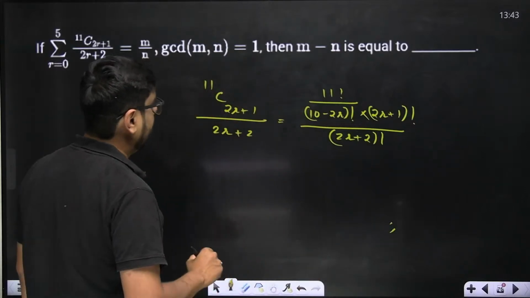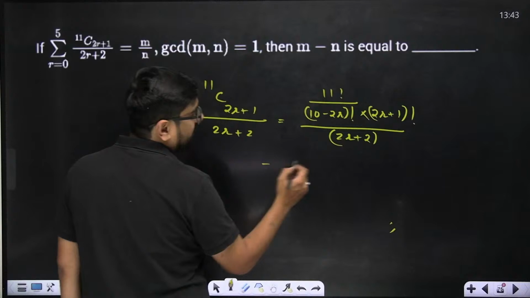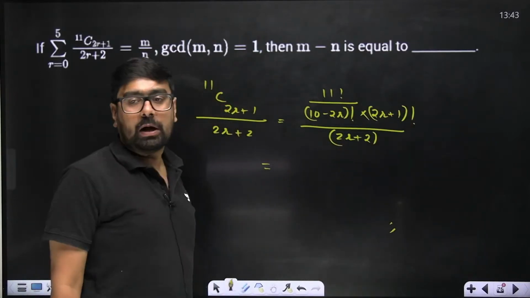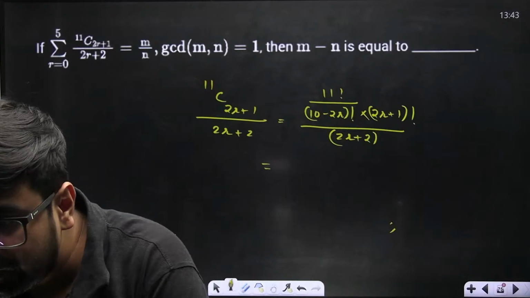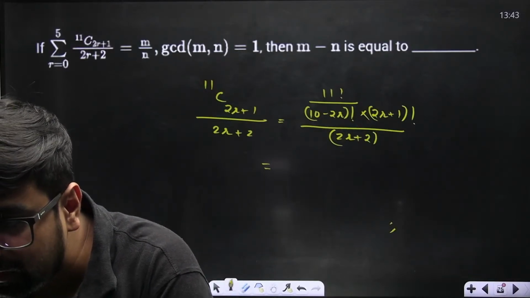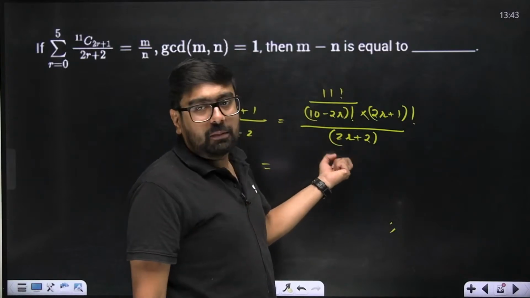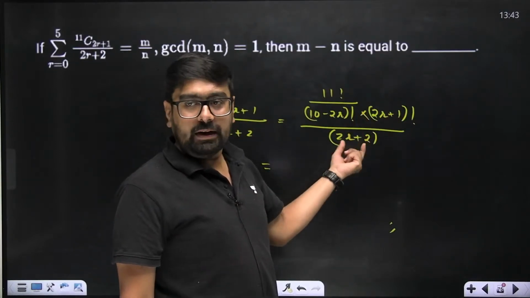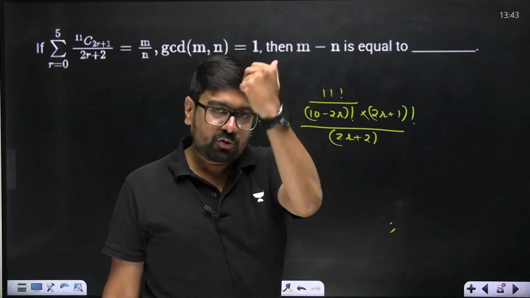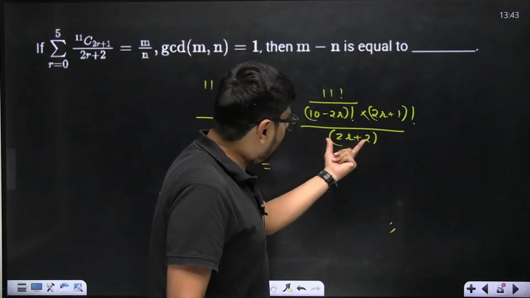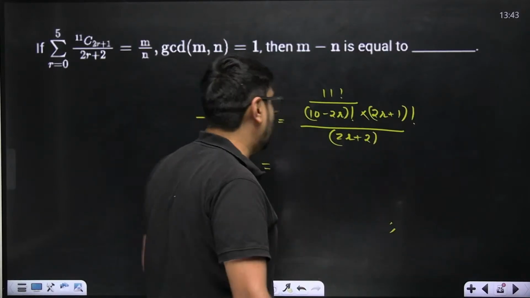This 2r plus 2 will get multiplied with (2r+1) factorial, giving (2r+2) factorial. Also, 11 into 12 is 12 factorial over 11 factorial, so 2r plus 2 multiplied with (2r+1) factorial will become (2r+2) factorial only.